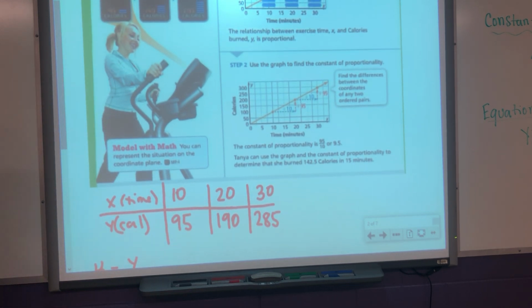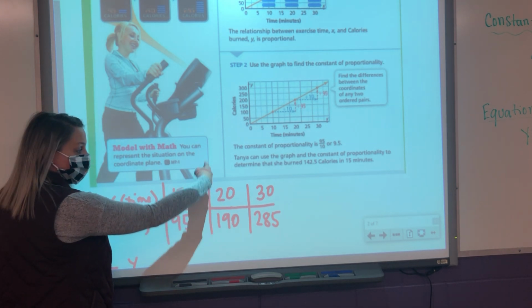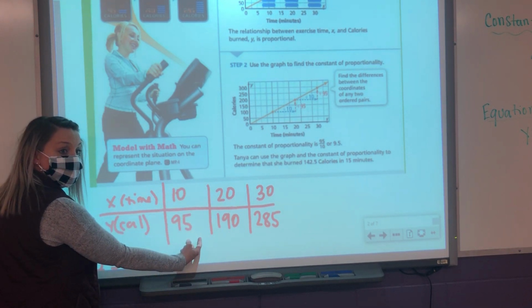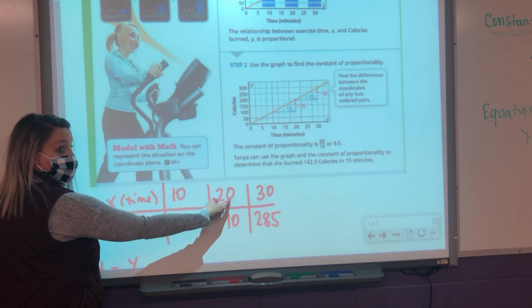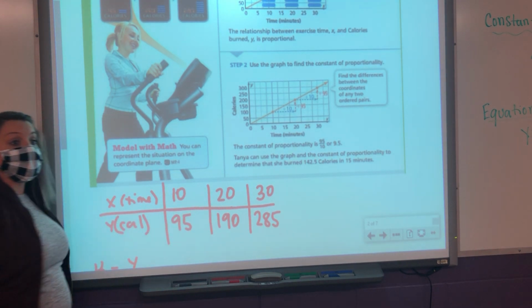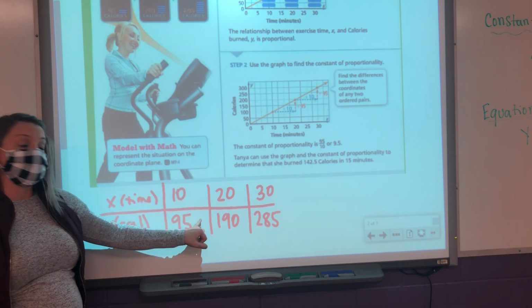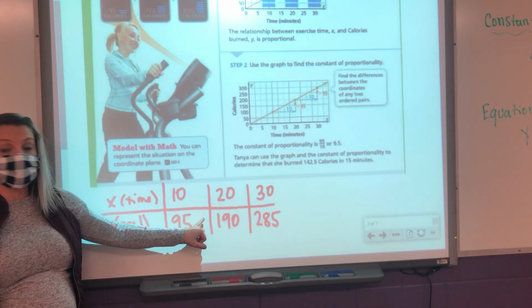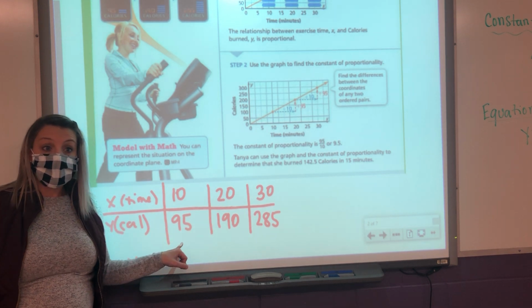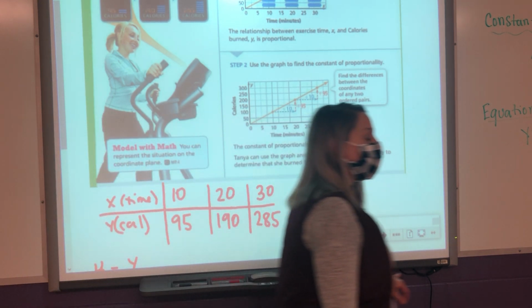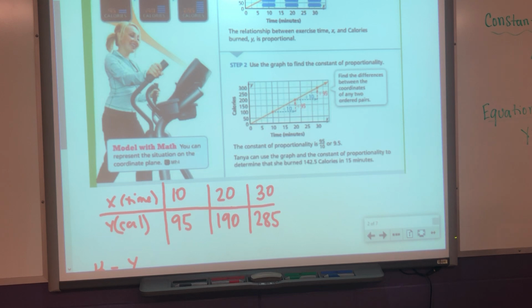Okay, so right here in the middle, 10 and 20, what's our value right in the middle between 10 and 20? 15 minutes. So at 15 minutes, we know she burns 142 and a half calories. Is that reasonable? Yeah, absolutely it's reasonable. So it's a good way to check yourself.